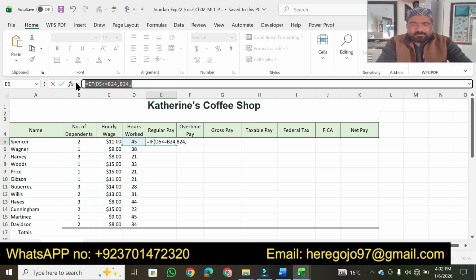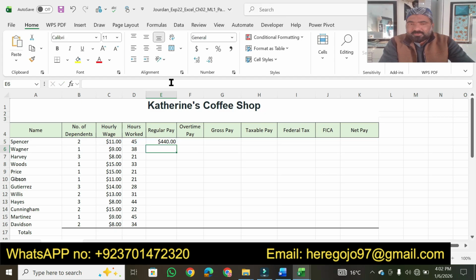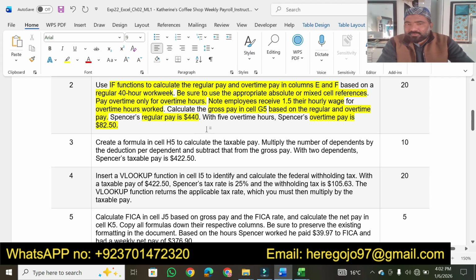So we will use IF: if D5 is less than or equal to B24, then D5, otherwise B24, and then we have to multiply by this hourly wage. Simply press enter and we will get the answer. Now you may compare this answer with this one, so it is the same as suggested.